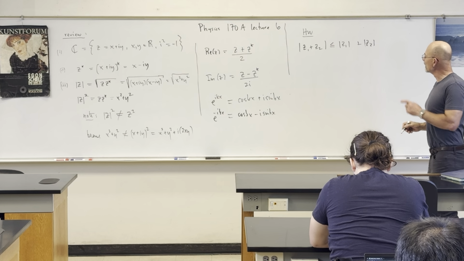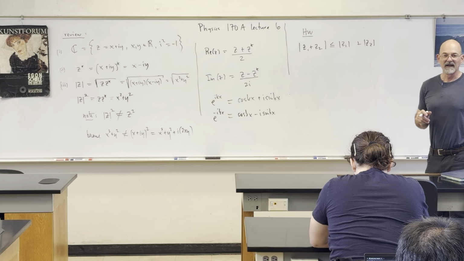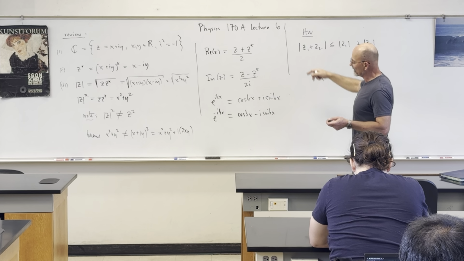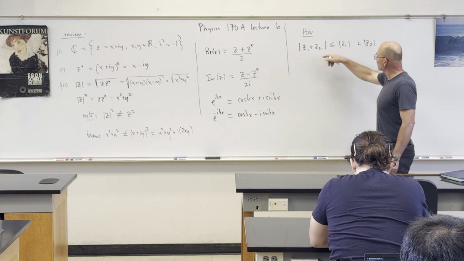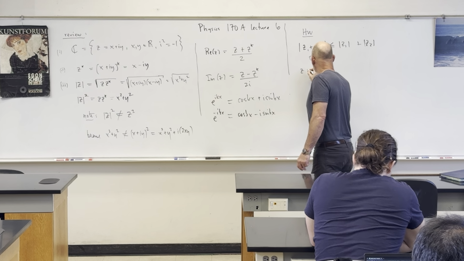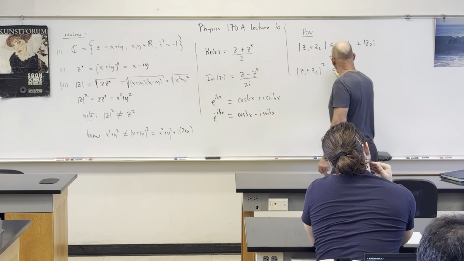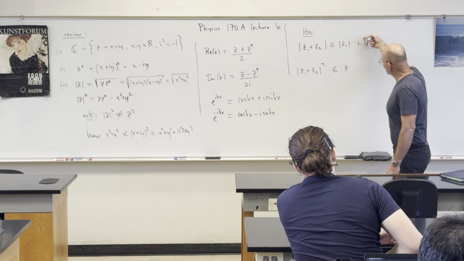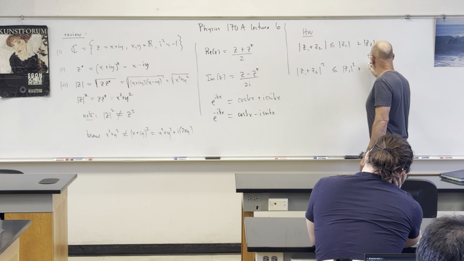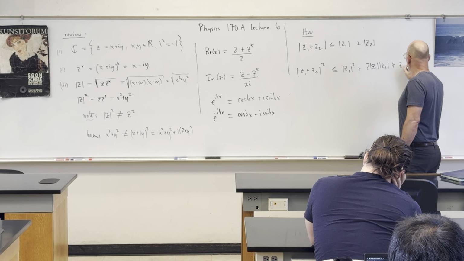The first thing we were going to do here was square both sides, just to get rid of those square roots, which we don't want to deal with. We'll still have the inequality if we square both sides. So the magnitude of z1 plus z2 squared is less than or equal to, now the right side is just real numbers, magnitude z1 squared plus 2 magnitude z1 magnitude z2 plus magnitude z2 squared.